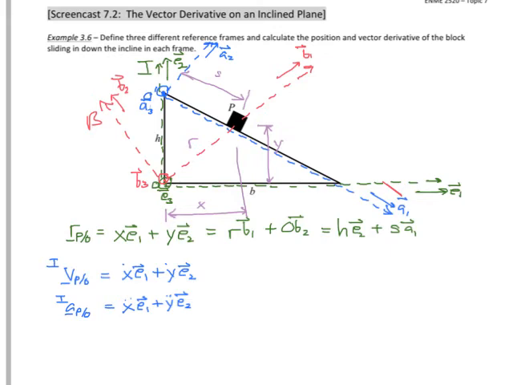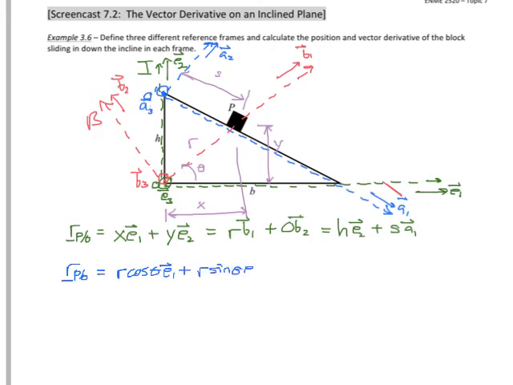If we decided to use polar coordinates with this and still keep it in the e1, e2 basis vectors, then we replace r_P/O, and we replace x with r cosine theta in the e1 direction plus r sine theta in the e2 direction. This position vector is already expressed in a basis that's fixed in the inertial reference frame, so the time derivative in the inertial reference frame is simply the time derivative of the scalar that precedes the basis multiplied times the basis in each direction.